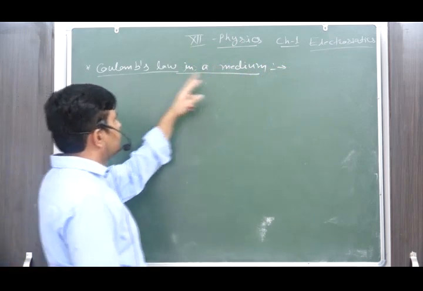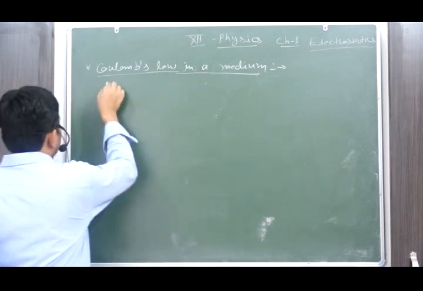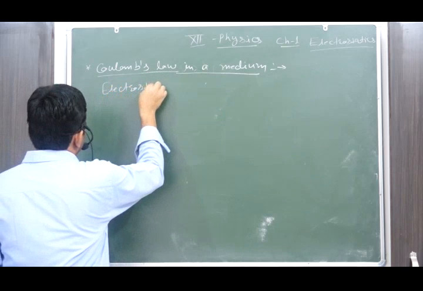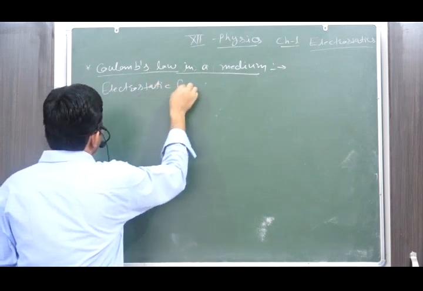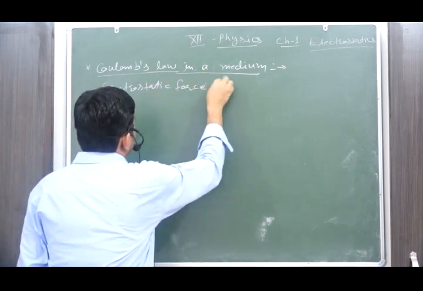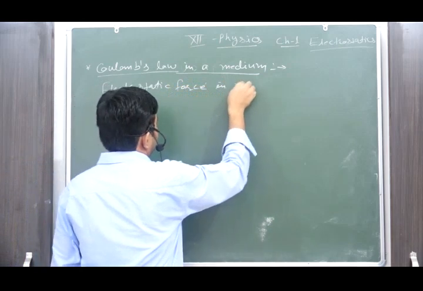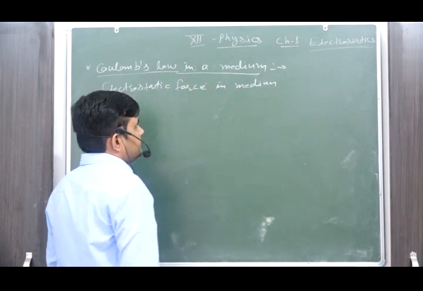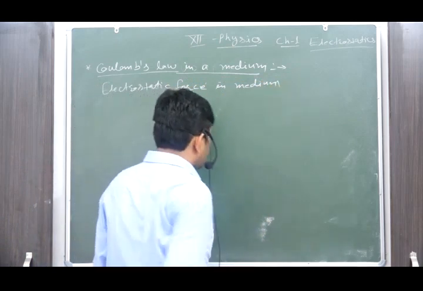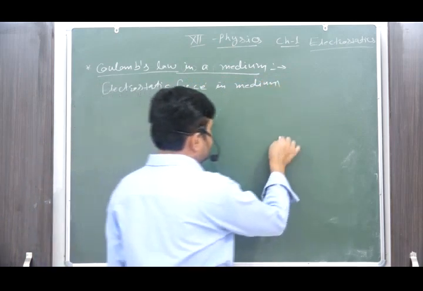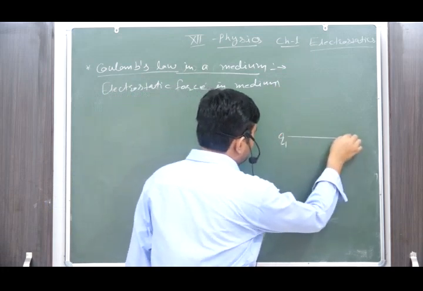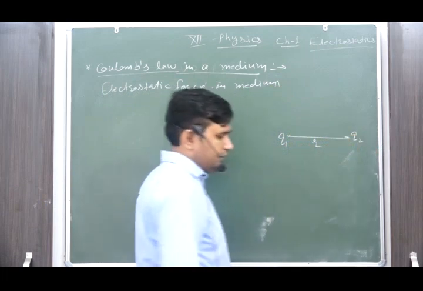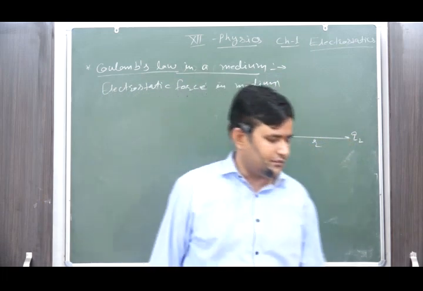In this formulation, it is Coulomb's law in a medium, or the electrostatic force in a medium. It means we have the same formulation: Q1 separated by a distance R from Q2.